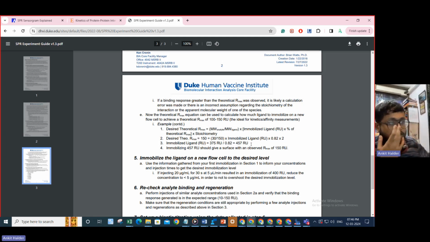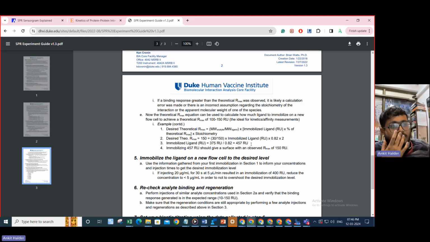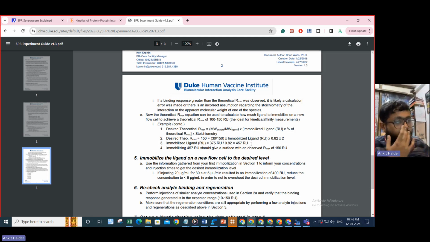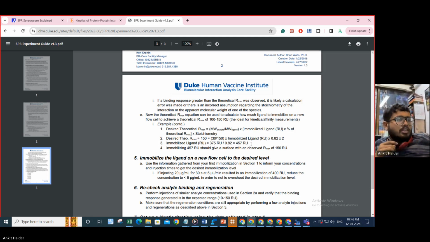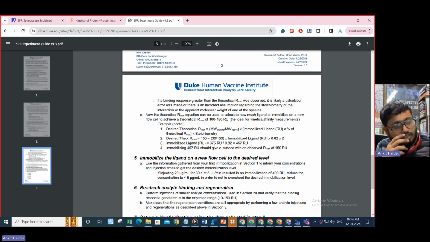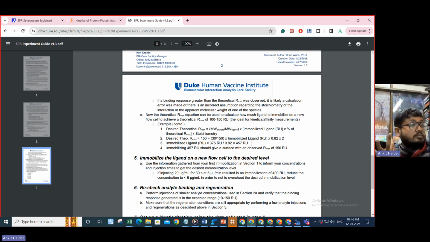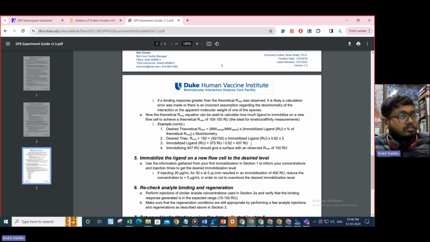So now the equation tells how much ligand to immobilize on a new flow cell to achieve a theoretical Rmax of 100 to 150 RU. If we are immobilizing 457 resonance units, we should get the 150 RU because we are having the 82% activity that we are getting.